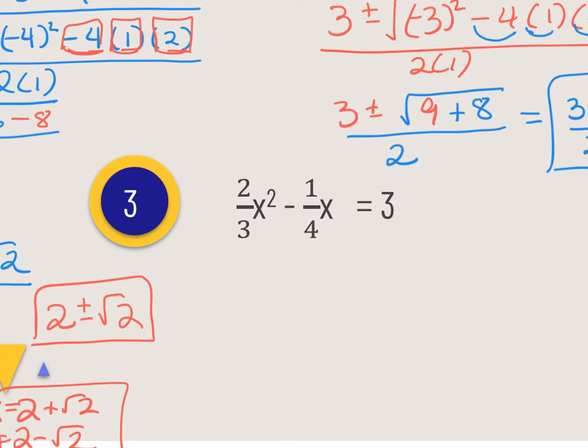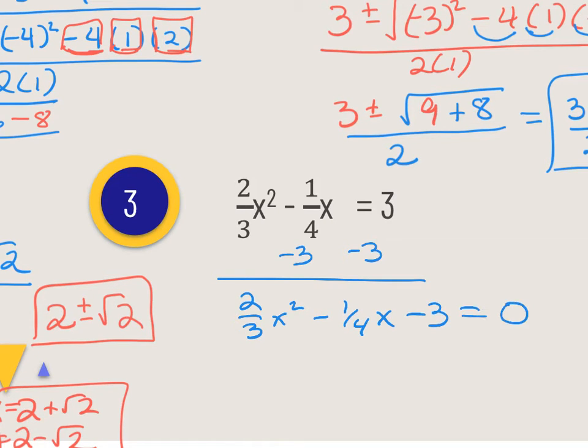So I'm going to first get it in standard form, and then I'm going to get rid of my fractions. So the first thing I'm going to do is subtract the 3 so I can get it in standard form. Now I'm going to multiply my entire equation by the common denominator.